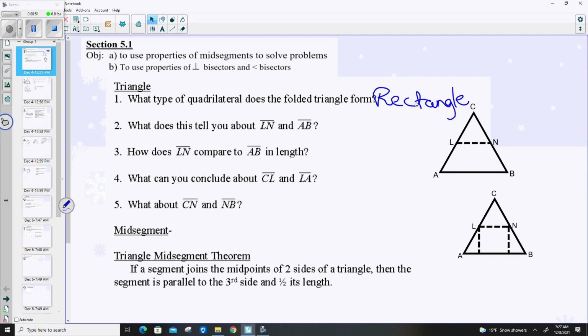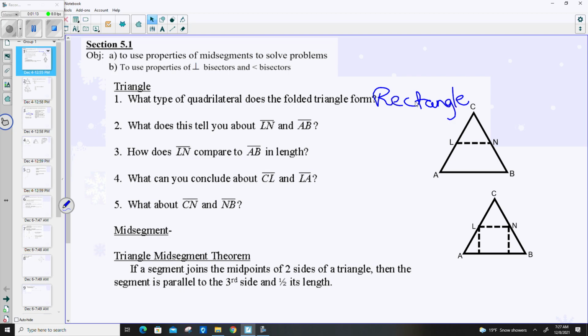So if this makes a rectangle, what do you know about LN, which is this top portion of the rectangle, and AB? You know about LN in the bottom of the rectangle?